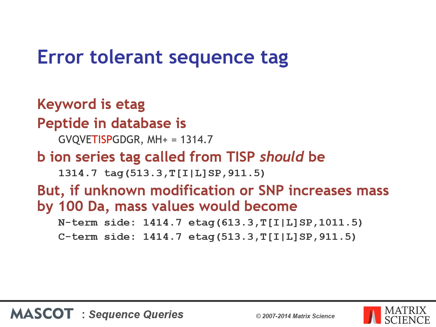What happens if there is a modification or single nucleotide polymorphism, a SNP, that increases mass by 100 Daltons? If the mod is on the N-terminal side of the tag, all the masses shift up by 100. However, if it is on the C-terminal side, only the peptide mass changes. If the tag was in the y ion series, the reverse would be observed.